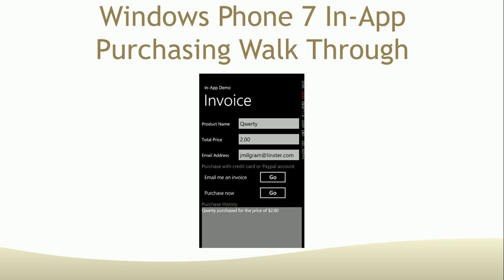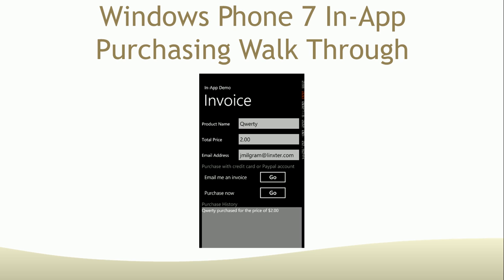Now, the Windows Phone 7 in-app purchasing sample app, we've tried to make it as basic as possible. It's for you to use as an example and build off of and change and modify. But in this app, you're going to enter the product name, the price, and if you click Purchase Now, that will take you to an encrypted, mobile-friendly payment form where you can make the purchase.